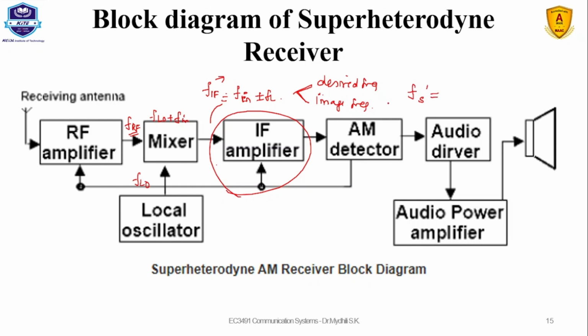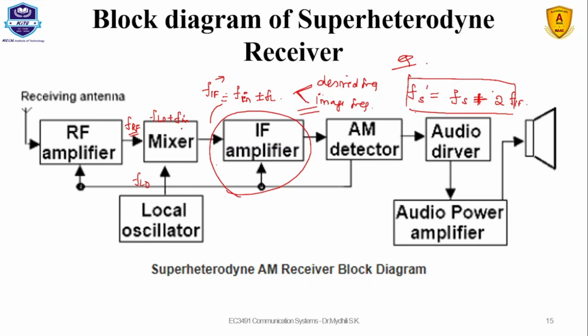Fs dash is given as Fs plus 2 times the intermediate frequency, that is, Fs plus twice the intermediate frequency. So this is how you calculate the image frequency. This is also an important equation to note for a problem case in a superheterodyne receiver.